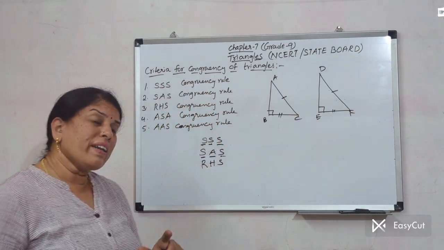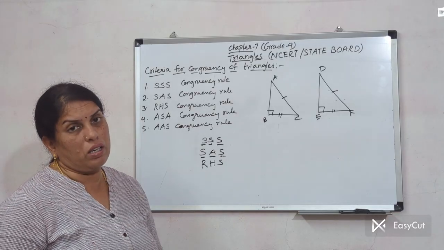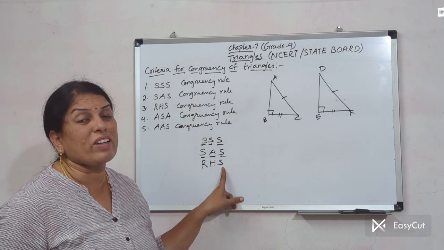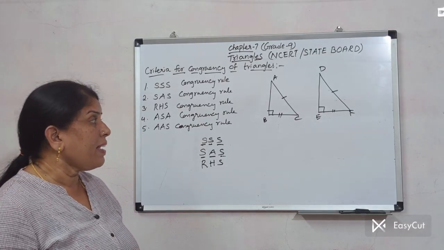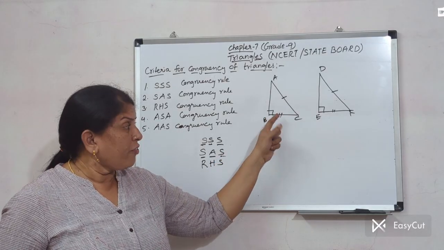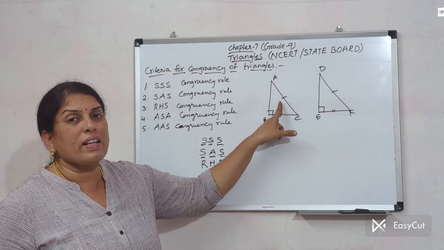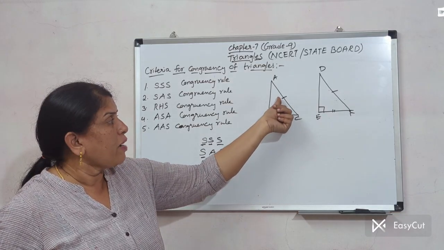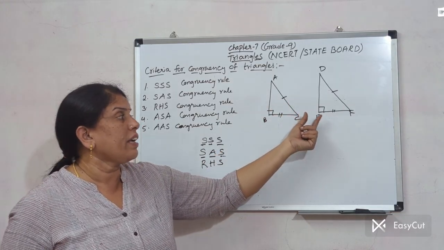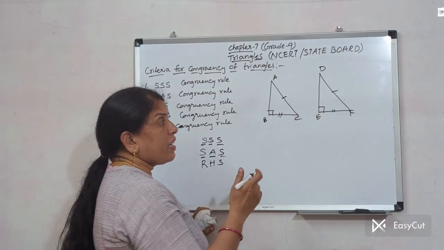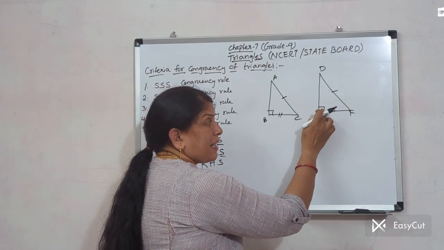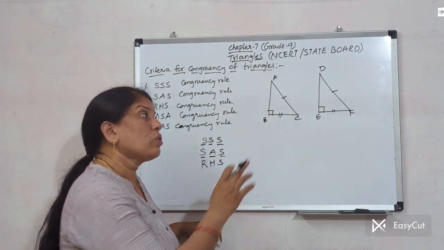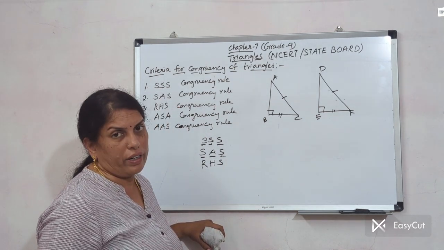See here, what is the right angle, hypotenuse, side congruency criterion? It means if a right angle and the hypotenuse of one triangle are equal to the corresponding right angle and hypotenuse of another triangle, with one side, then those two triangles are said to be congruent.